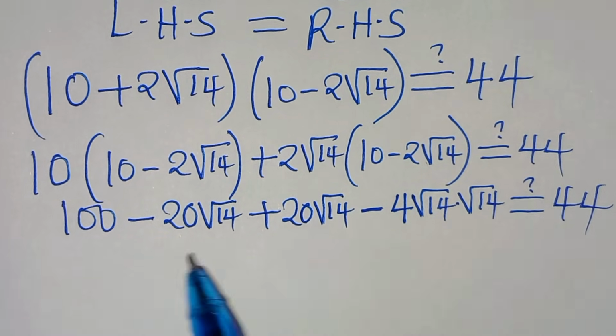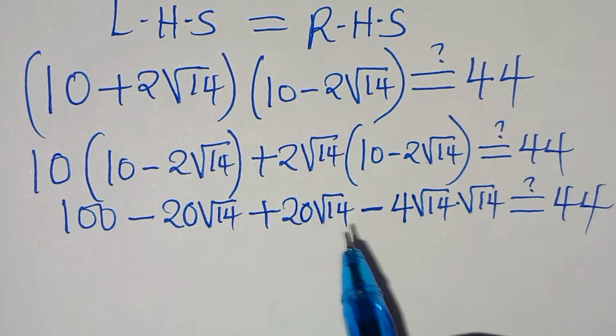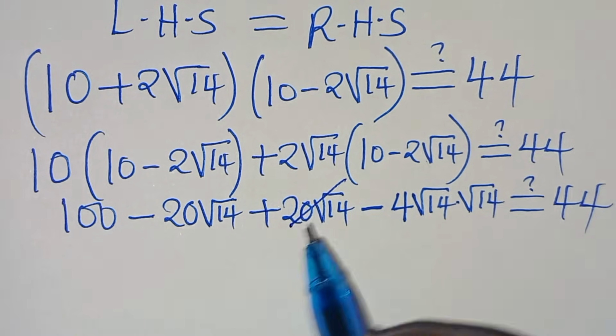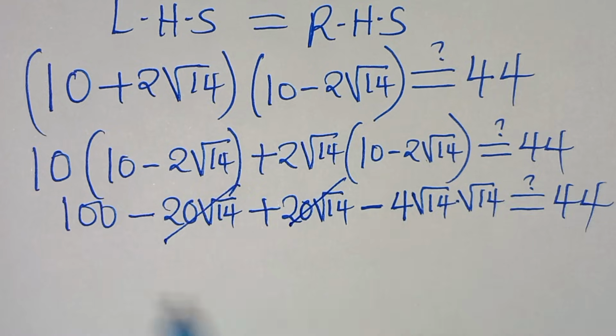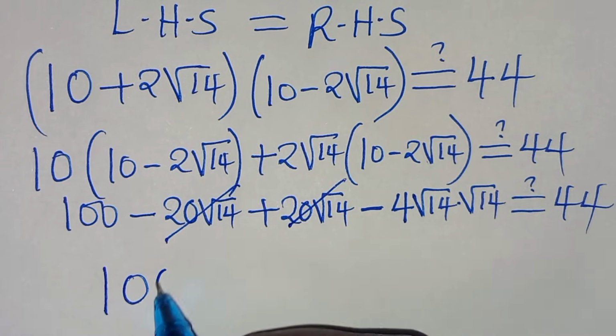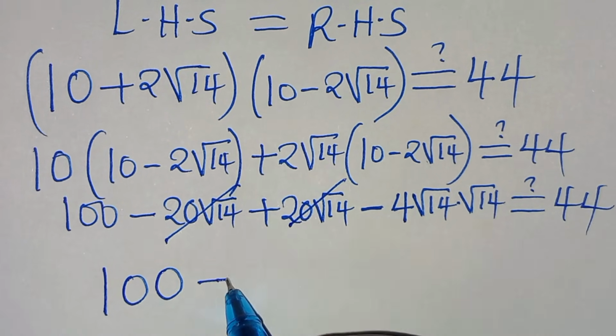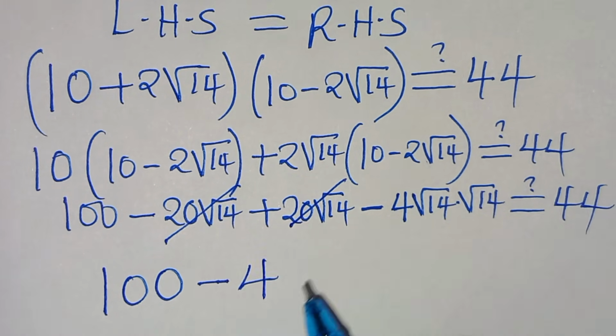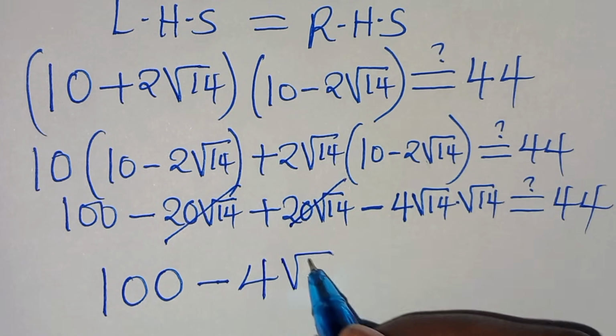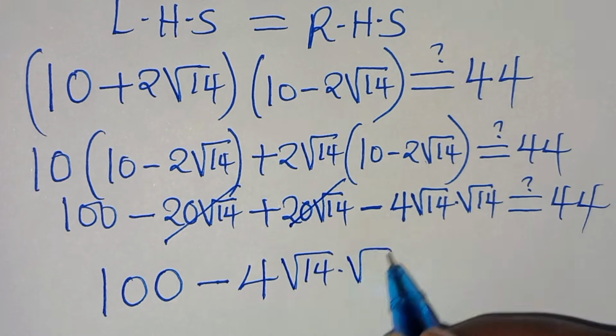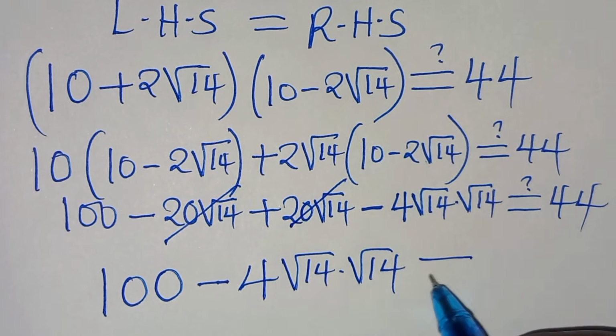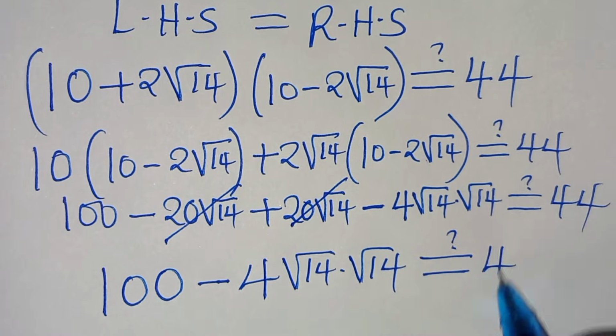The next step is that minus 20 square root of 14 plus 20 square root of 14 simplifies, so that we have 100 subtract 4 square root of 14 multiplied by square root of 14. This should give us a value of 44.